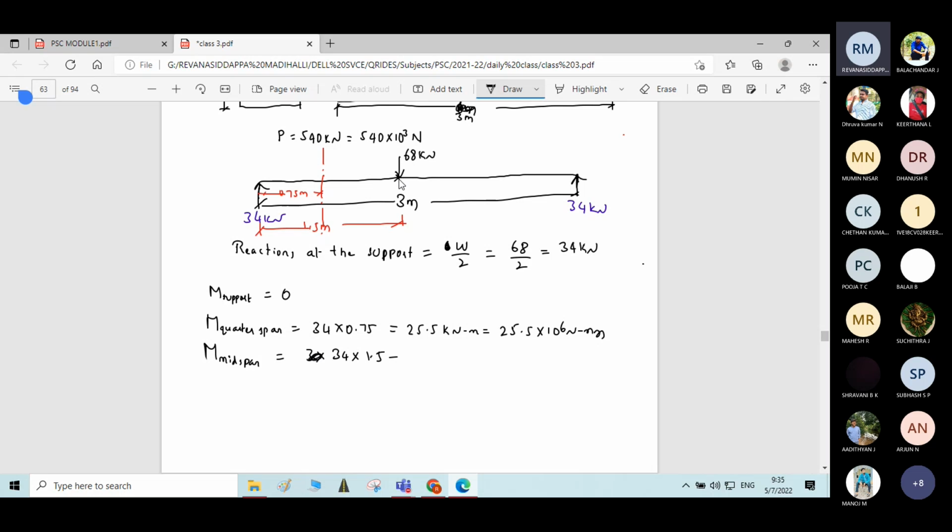We are calculating the moment at this point only, and the point lies in the line of action of the force, so the perpendicular distance becomes 0. It is directly 34 into 1.5, which is 51 kilonewton meter. In terms of Newton millimeter, it is 51 into 10 power 6 Newton millimeter.